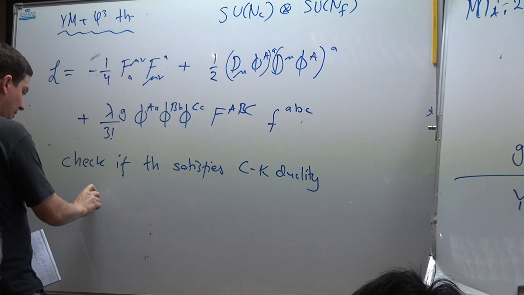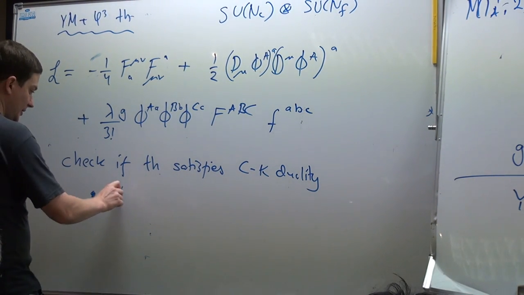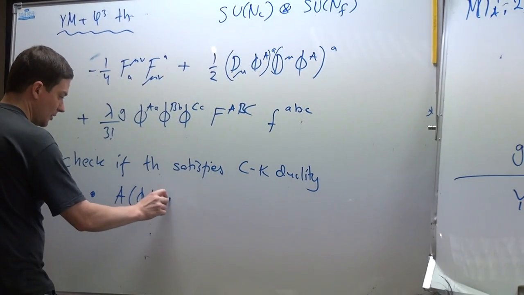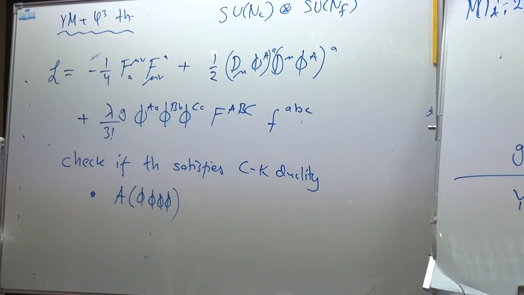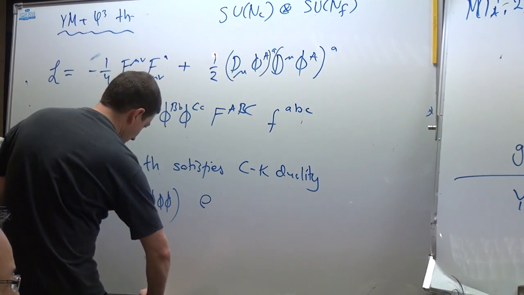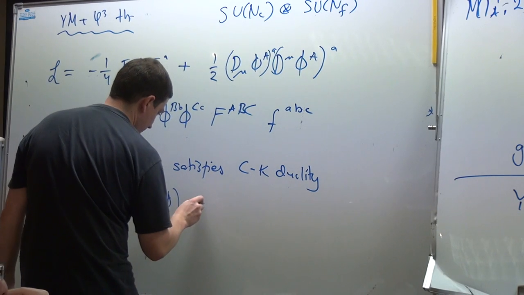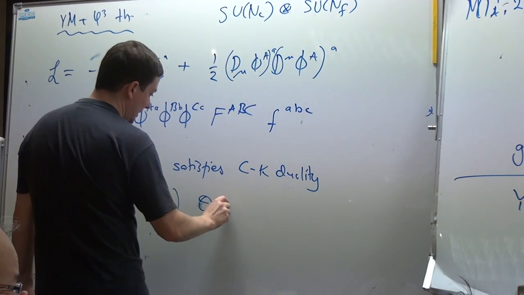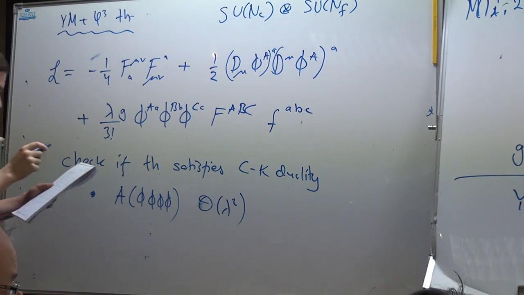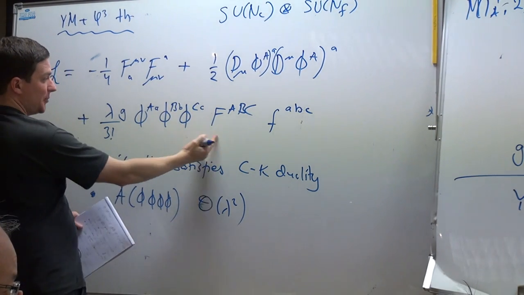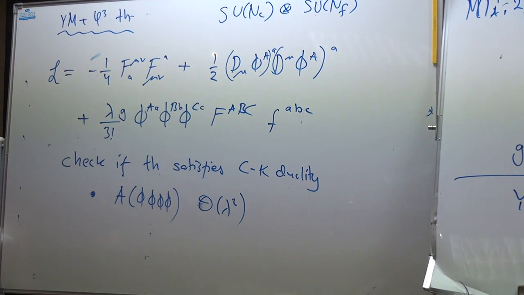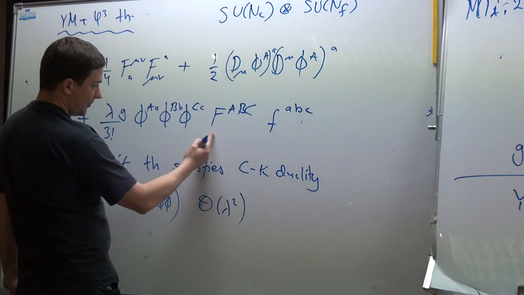So if you do that, for example, if you look at the 4-point amplitude, 4 scalars, and if you look at order lambda squared in this coupling here, then you will only pick up terms corresponding to this term here. And then you will get a constraint on this coupling here.